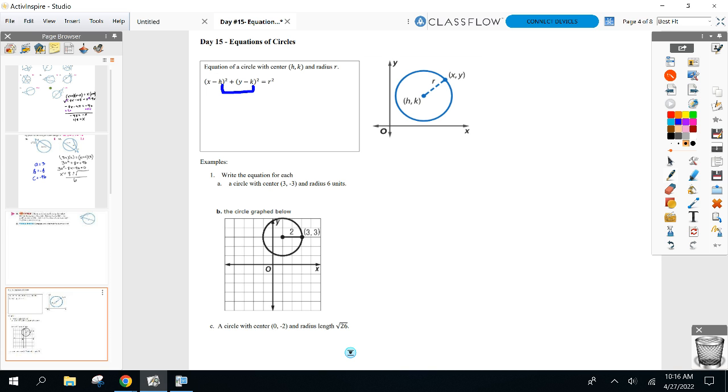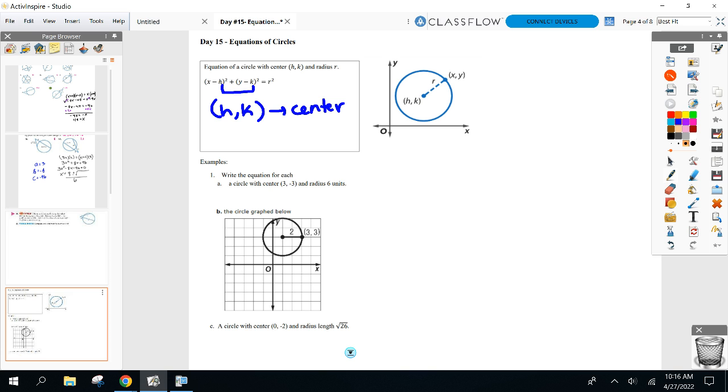X will be x, y will be y, but there'll actually be numbers in for h and k. Those numbers represent a coordinate to the center of the circle. So we'll plug numbers in, and that represents the center.